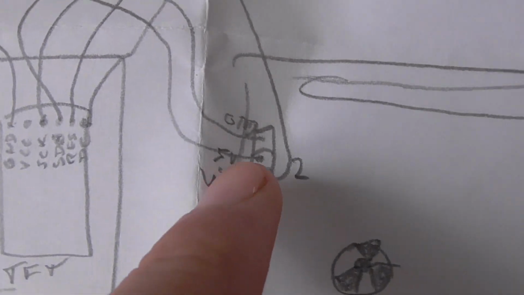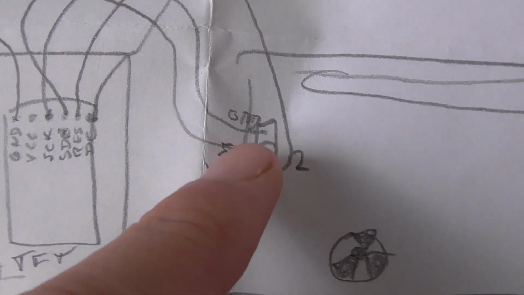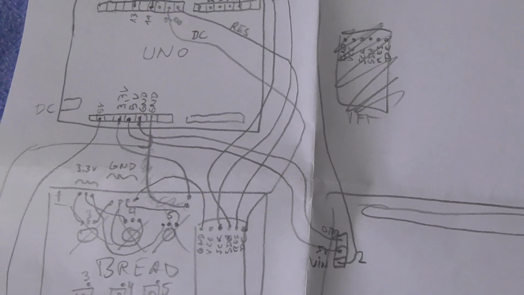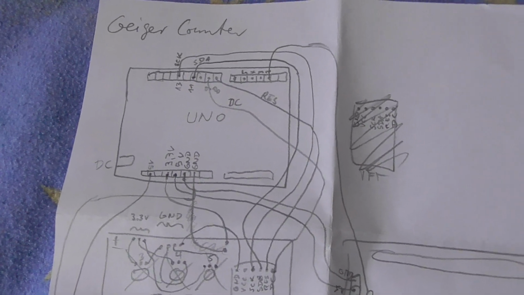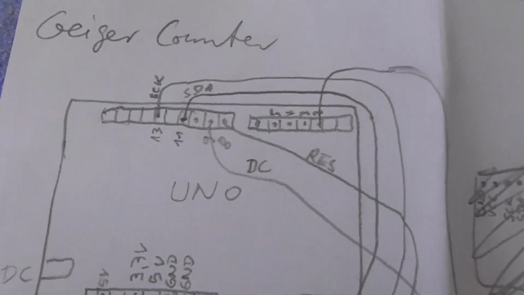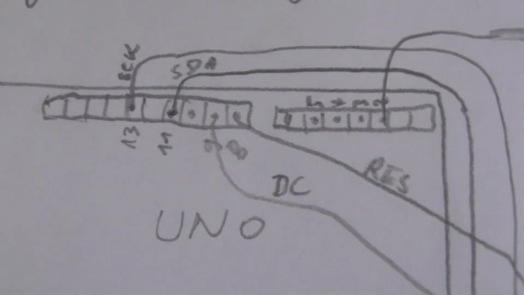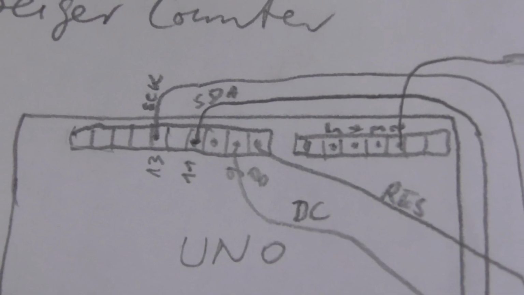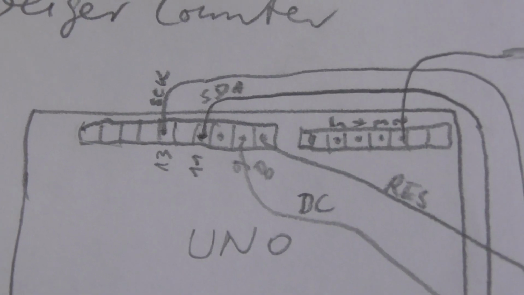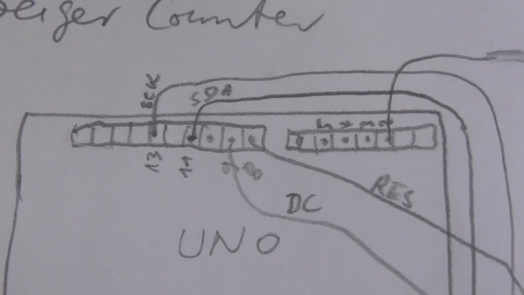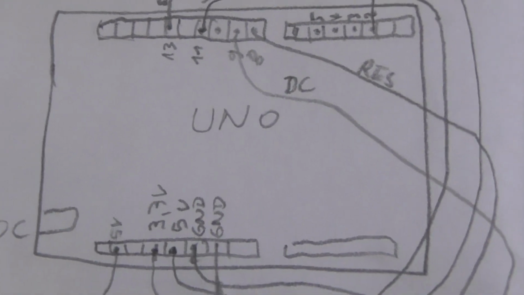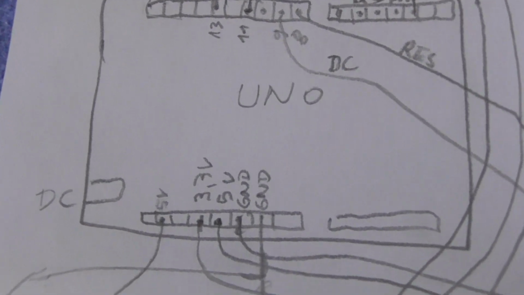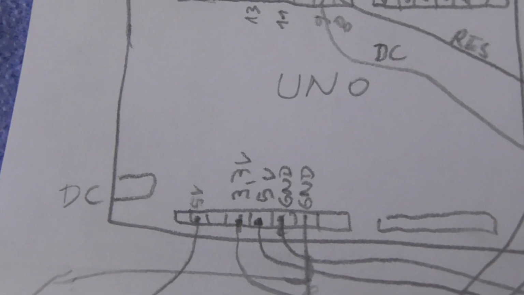Those are the connectors, V in, 5 volt and ground. And if you can make sense of the lines, which are the cables, they go somewhere around there. And the numbers on the UNO board, or the UNO clone, I should say. You have to pause the video to see those more properly.